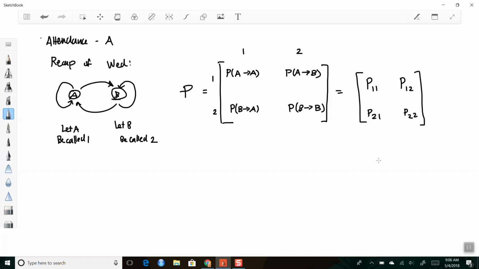In our transition notation, I could just write P11 or P21, and you will know that this is the probability of moving from state 2 to state 1.